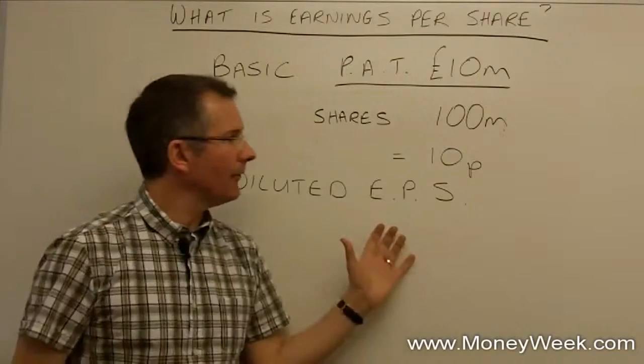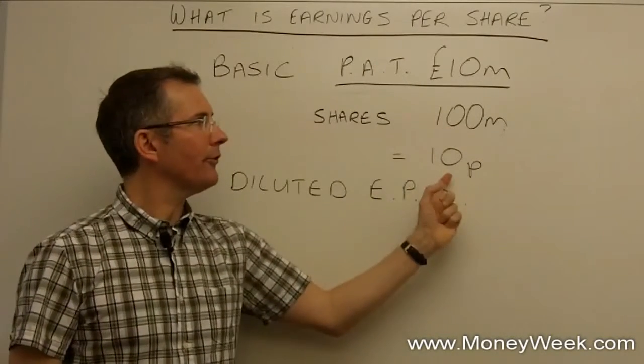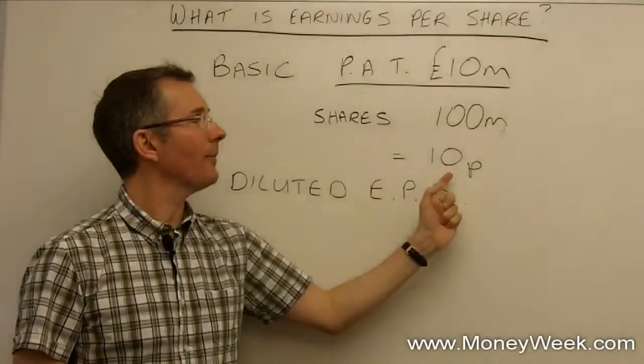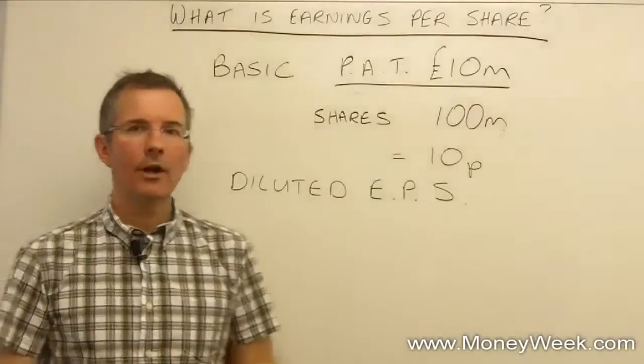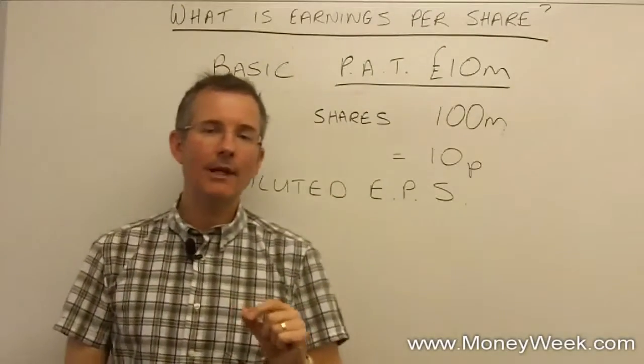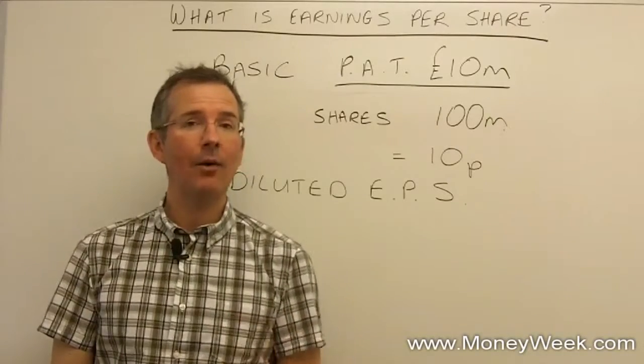Now, what that does is it says, well actually, do we have the full picture here? Is this a true earnings per share figure or not? And the full picture means, how would this look if all potentially dilutive events in share price terms happen now?